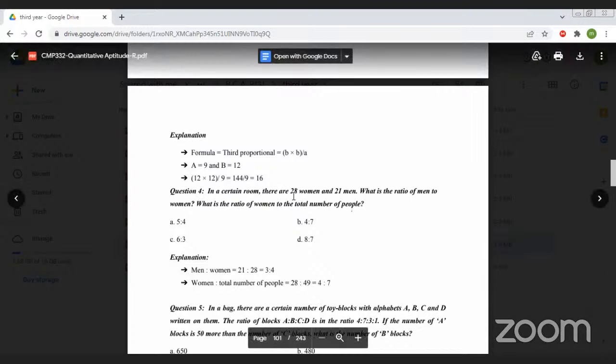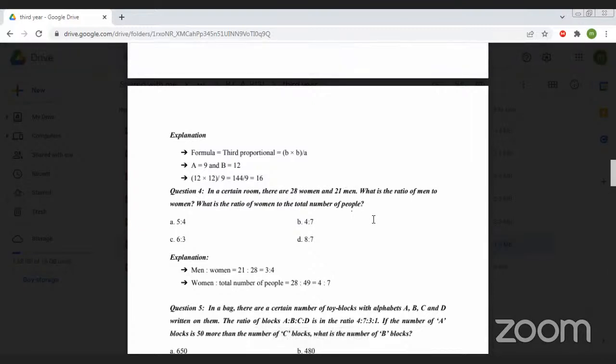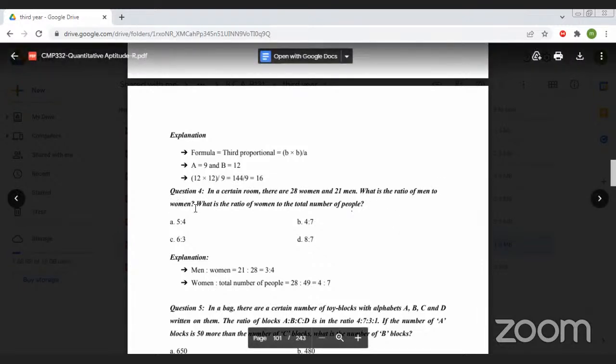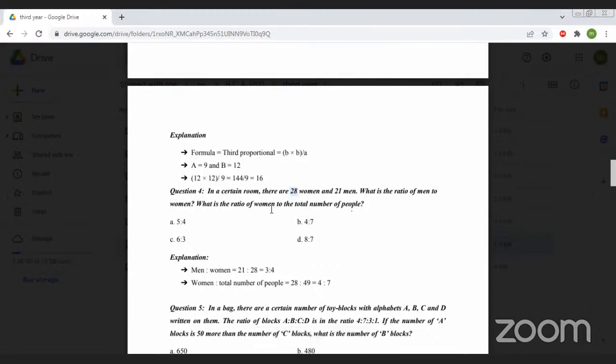Now in a certain room, there are 28 women. So 28 is to 21 is my ratio. What is the ratio of men to women? Now they are saying 21 is to 28. Now what is the ratio of women to the total number of people? So you have to convert it 28 into 21.